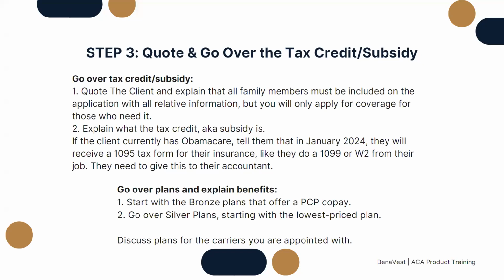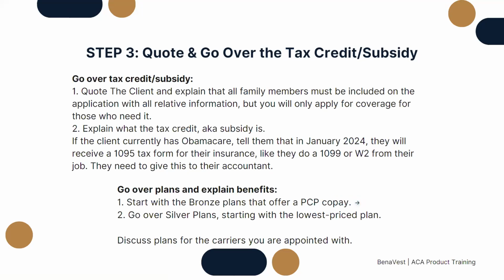If the lowest price one is free and paid into the deductible, and the PCP copay one is $15, offer the free one, but explain that they need to pay into the deductible for each visit. And then you can go over the $15 one where they have the copay for the doctor.